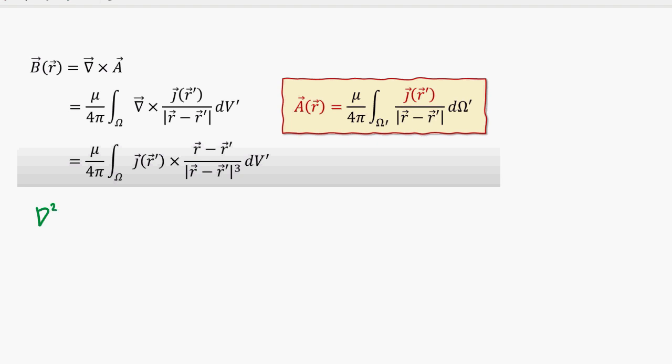Poisson's equation, the Laplacian of phi equals rho over epsilon, and there is another Poisson's equation for the vector potential, equal to J.